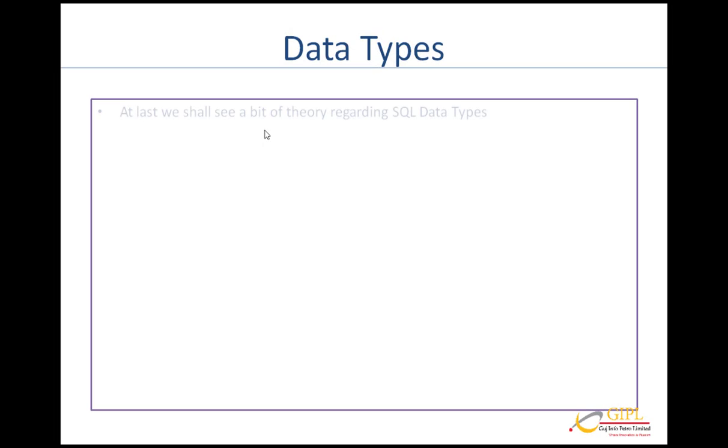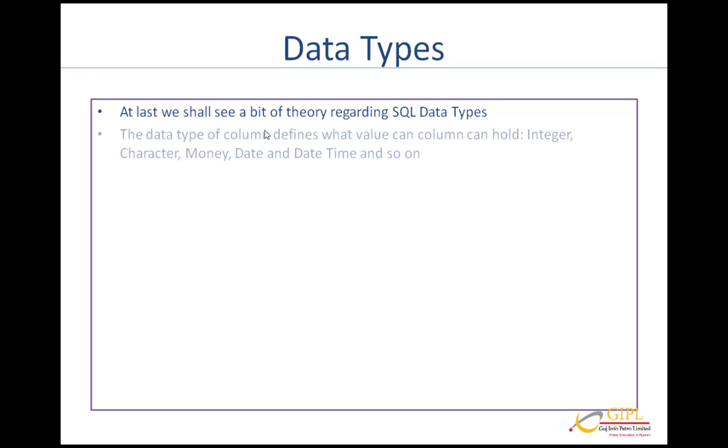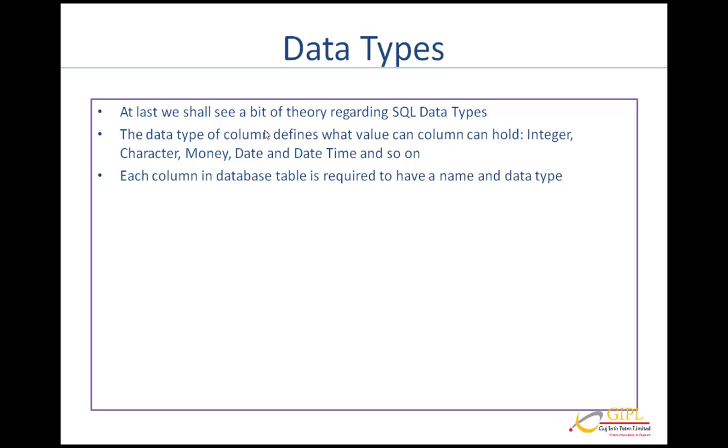Now we will move on to our next topic, SQL data types. At last, we shall see a bit of theory regarding SQL data types. The data type of a column defines what value the column can hold: integer, character, money, date, date and time, and so on. Each column in a database table is required to have a name and data type.